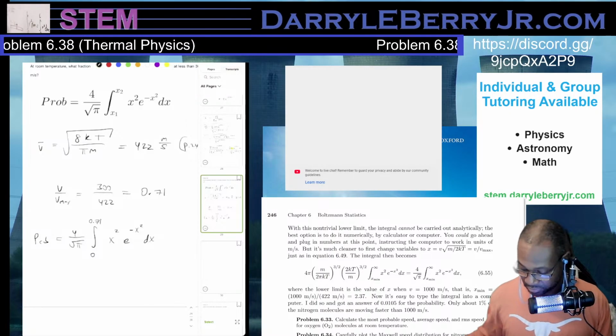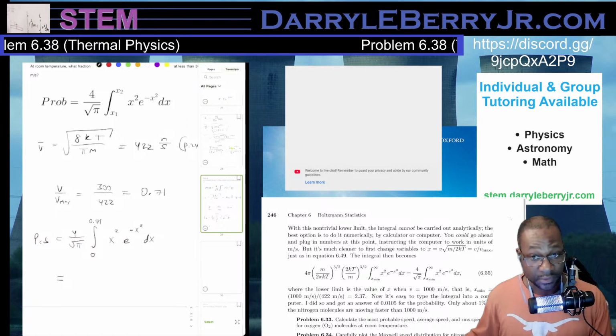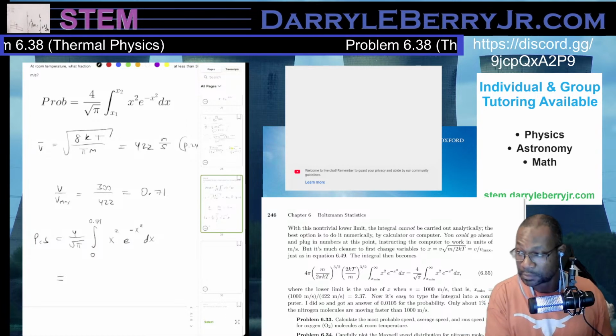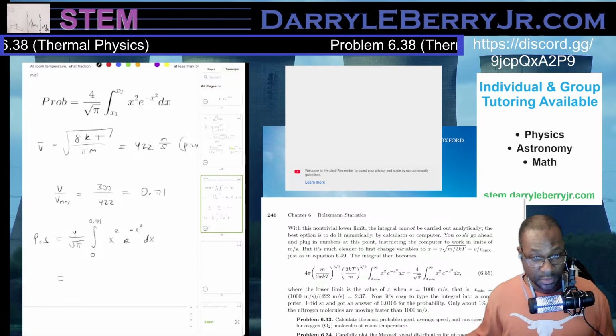All right, so the book typed this integral into a computer, so it looks like that's what we have to do since it's not from 0 to infinity. Let's put this in and see what we get.